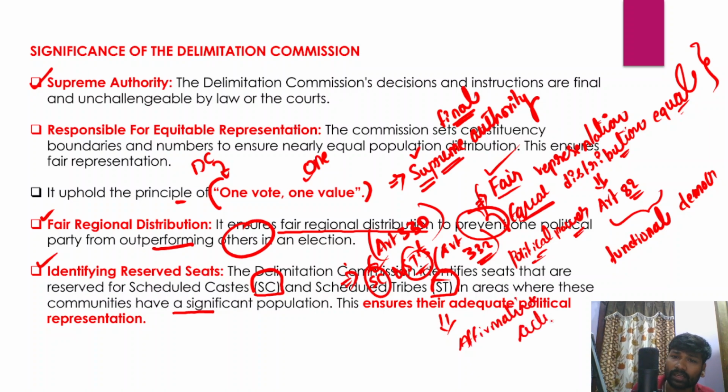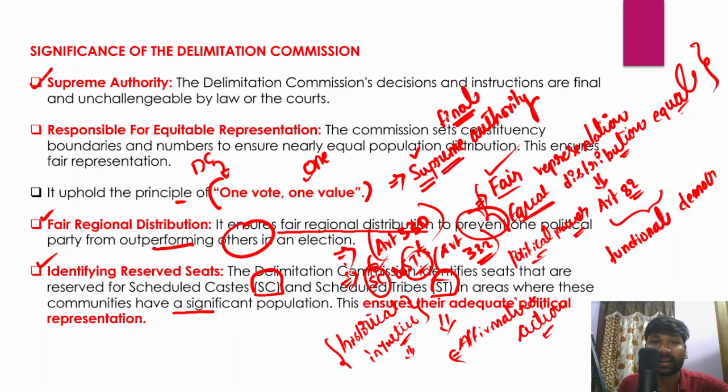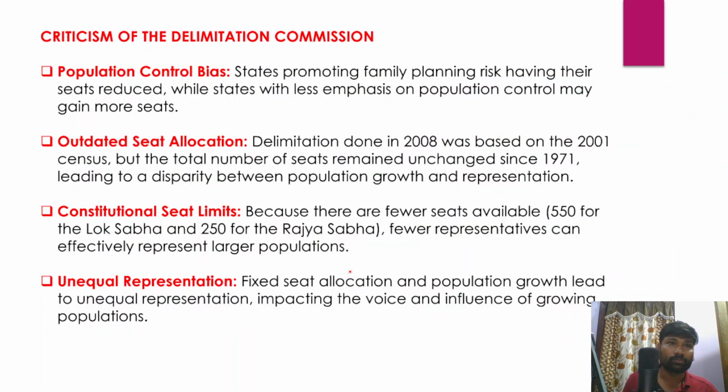So this is part of the affirmative action to ensure that the historical injustice that has been suffered by the backward classes would be corrected through providing reservations under Article 330 and Article 332 of the Constitution. So the Delimitation Commission has also been facing certain criticism.